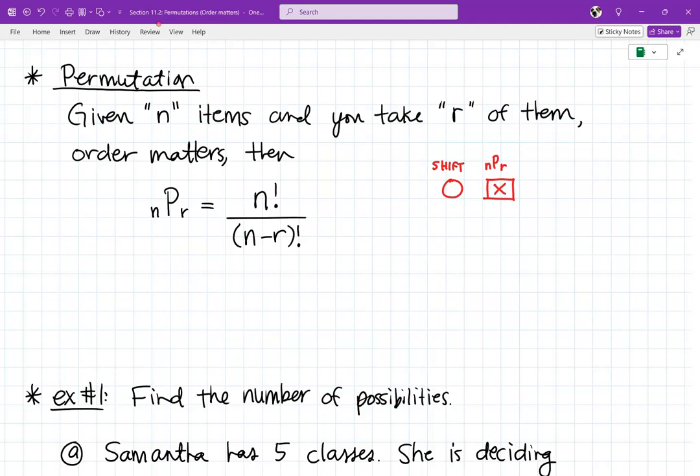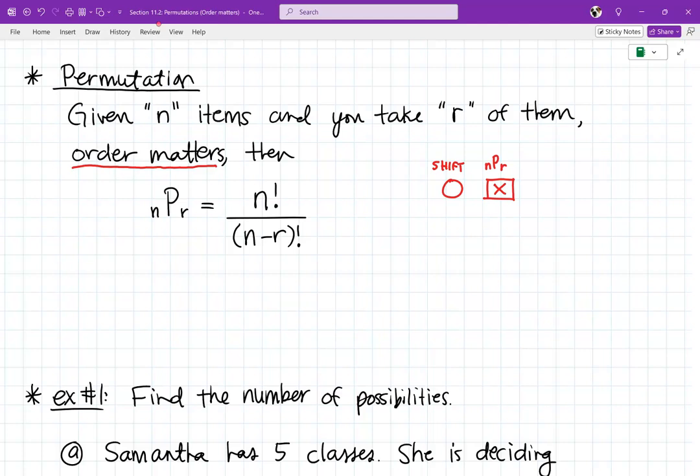Order matters. So as you're reading a problem, if they say you're going to go to the store and pick 3 candy bars, well, order probably doesn't matter for 3 candy bars unless it's important to you.